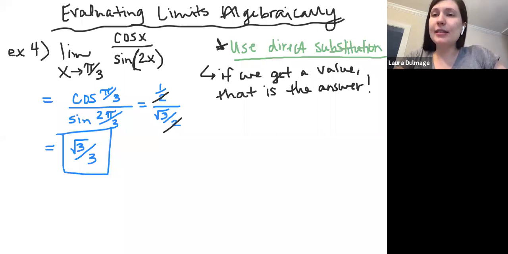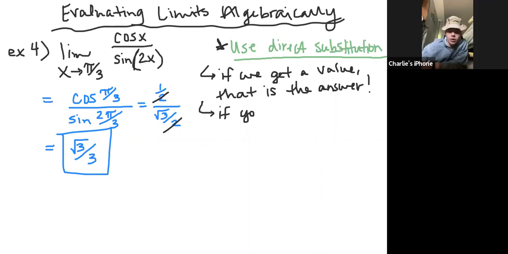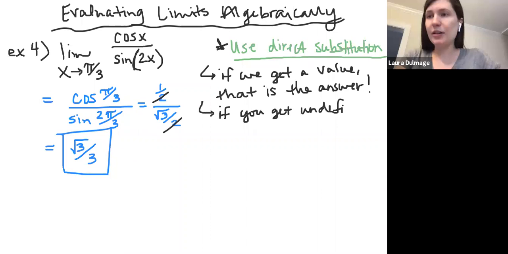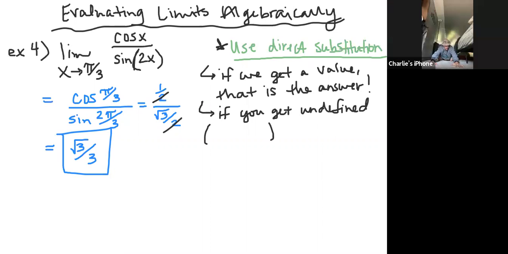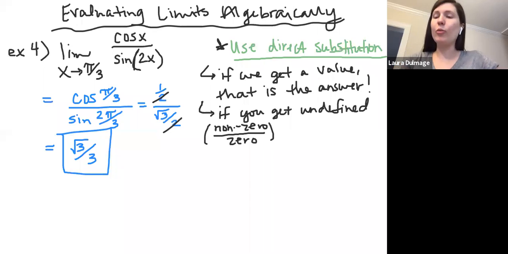Okay, the next thing, and I don't have an example for this one. I'm not really including it, but I'm going to just write it on here. If you get undefined, what does undefined mean in math as a fraction? It means that we have a non-zero number over 0. So if you got like 7 over 0, that would mean it's undefined.